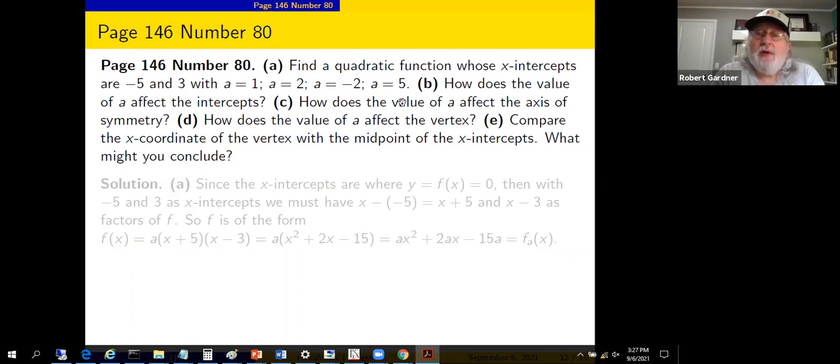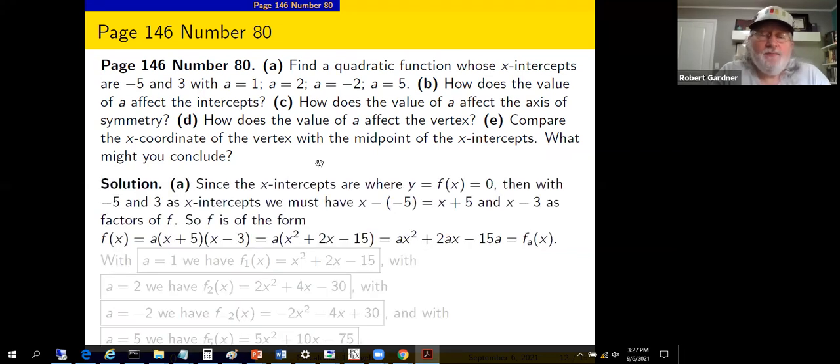Well, first off, the quadratic function has these 2 intercepts. That tells you something about the form of the quadratic function. Since the x-intercepts are where the function equals 0, then with -5 and 3 as x-intercepts, we must have x minus -5, that is x plus 5, and x minus 3.